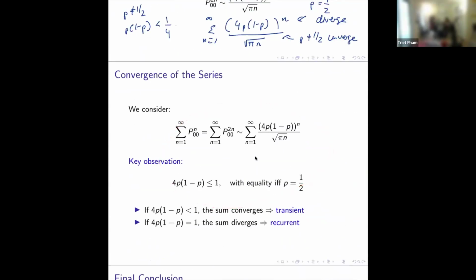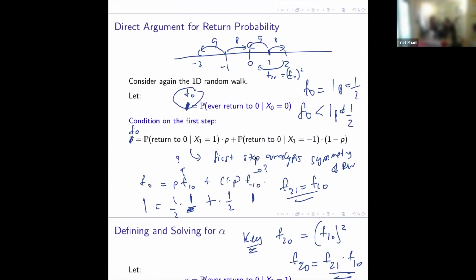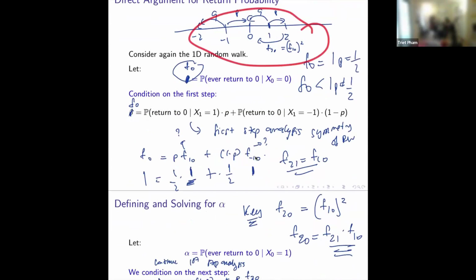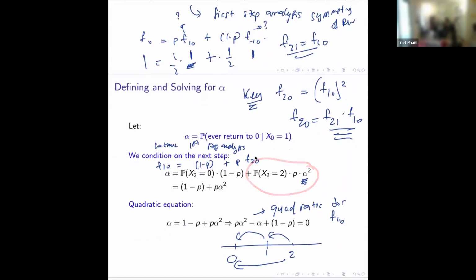It depends on whether you want to use the analytical tool to analyze the infinite sum, or you want to use first step conditioning and be clever and use the symmetry to work on solving for the probability. It's hard to say at the beginning, okay, this approach works, this approach doesn't work, who knows? Sometimes people try both. And depending on how they see things, maybe one approach will seem easier to some people than the other.